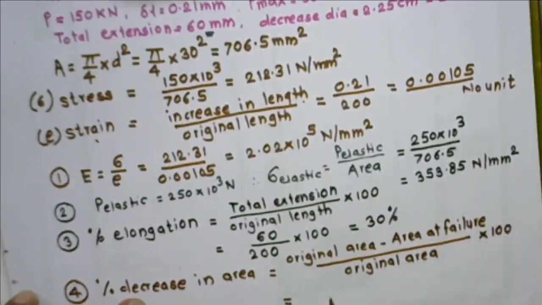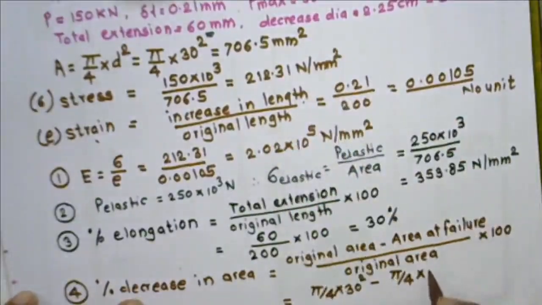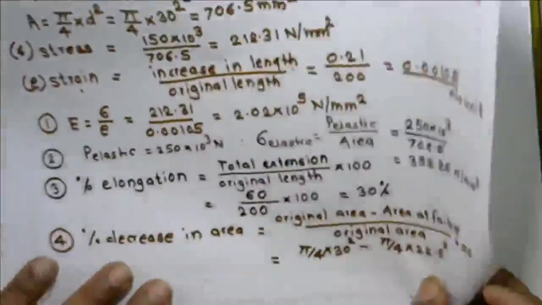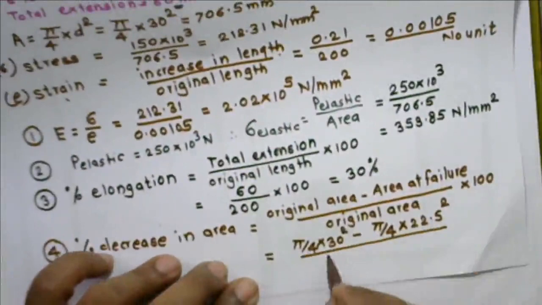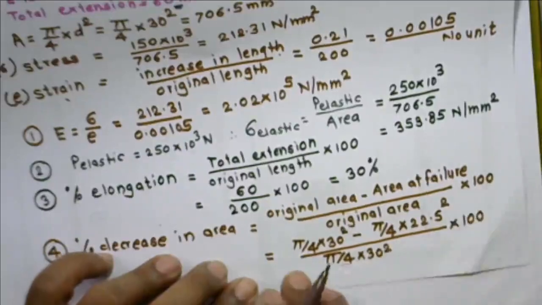So here we have pi by 4 into 30 bracket square minus pi by 4 into the neck area, that is given 22.5 mm, 22.5 bracket square, divided by pi by 4 into 30 bracket square, into 100.